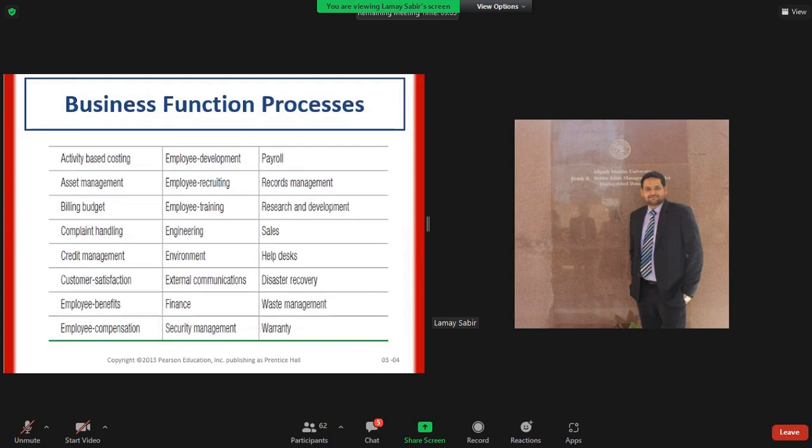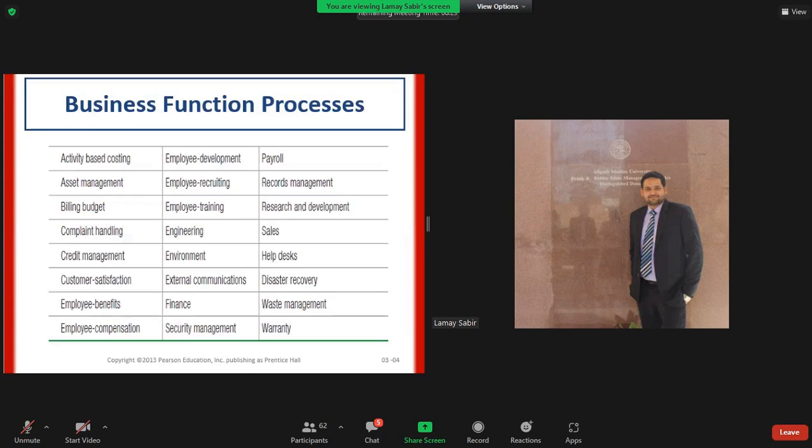You have different functions in a business organization, and these are the processes that you may encounter in every organization, I must say. Costing, employee development, payroll development, asset management, employee training, engineering, sales, help desks, environment, finance, security, employee compensation, employee benefits. All these are processes, and all these processes need to be focused upon using some process strategy.